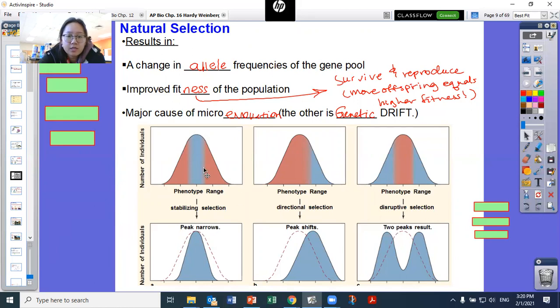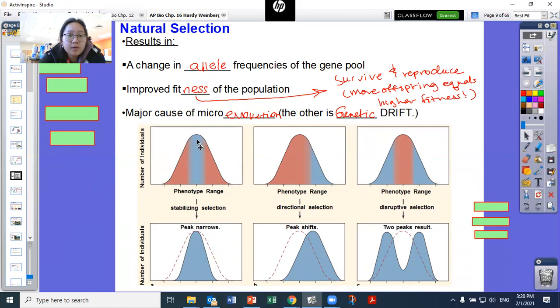And so natural selection can cause the stabilizing of a population where the peak narrows. So this is the spectrum of a population, right? You might have some on one end of the spectrum to the other end. And this could be anything from running speeds, from slow to fast, or it could be colors that help blend in with camouflage, from light to dark, right?